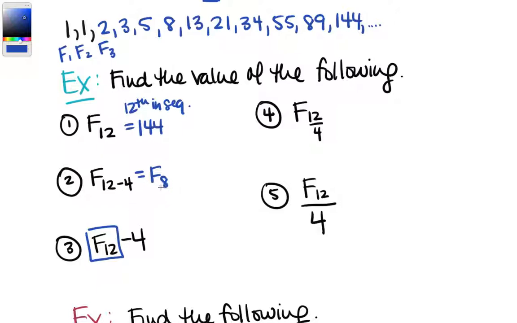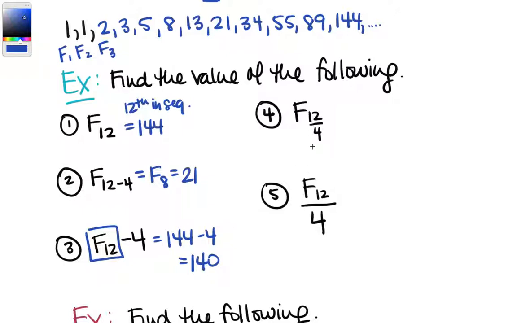The 8th Fibonacci number in the sequence: one common mistake is you see the 8 and you think, oh, it must be 8. But this one means the one that shows up 8th. So in the 8th place, 1, 2, 3, 4, 5, 6, 7, 8, it's actually 21. And here, F12 we know is 144. We take off 4, and we get 140.